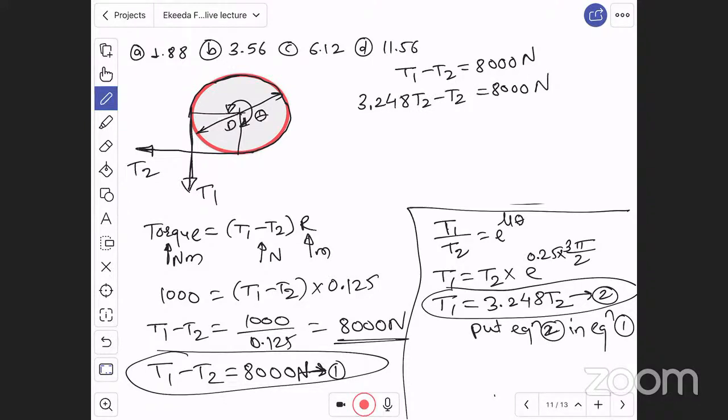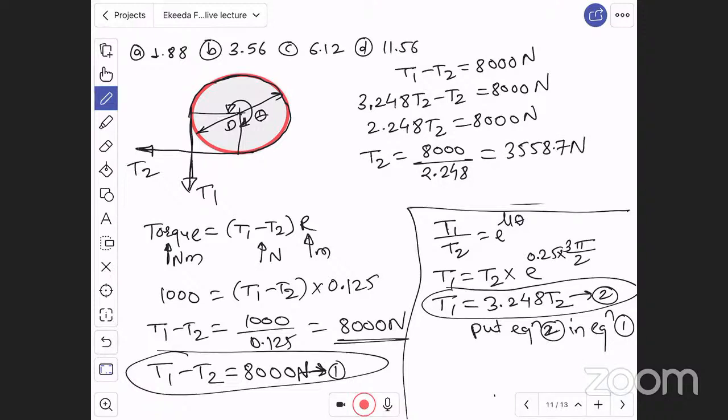Therefore, 2.248 T2 is equal to 8,000 Newton. From this, T2 is 8,000 divided by 2.248, which is 3558.7 Newton. This is the value of T2, my dear students.